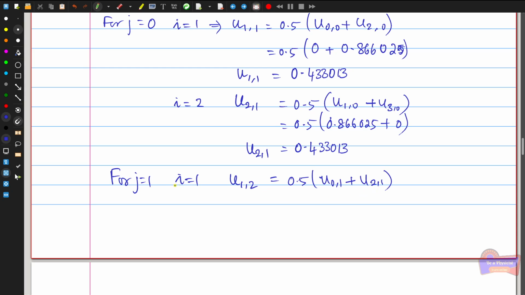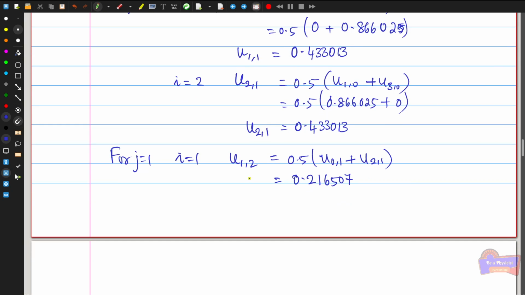Once we substitute the j values and I values in the main equation, we know the values of u of 0 comma 1 and u of 2 comma 1 from the previously calculated values. Substituting them, the final value is 0.216507. That is the value of u of 1 comma 2.